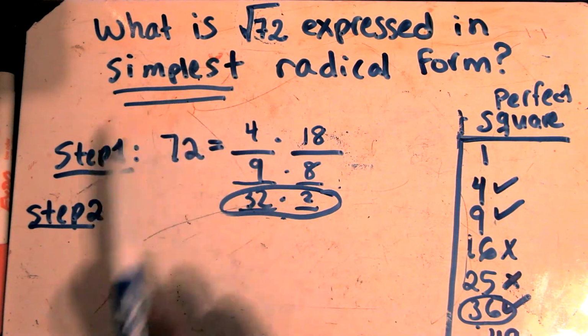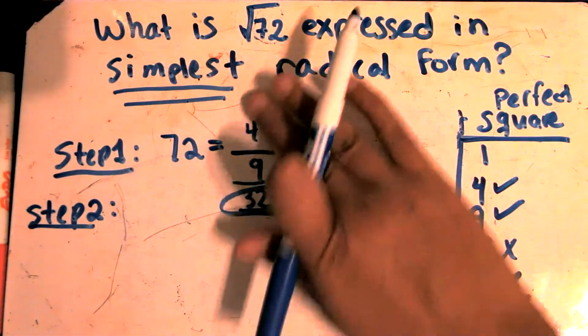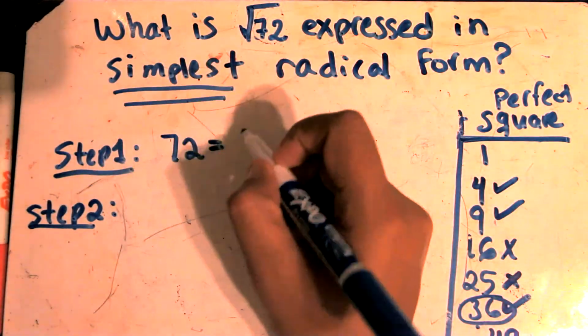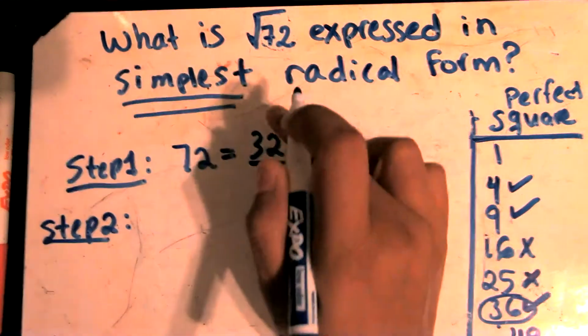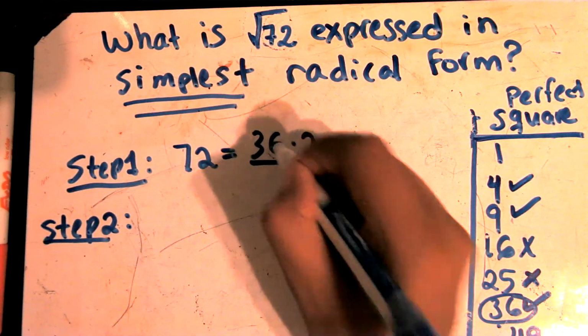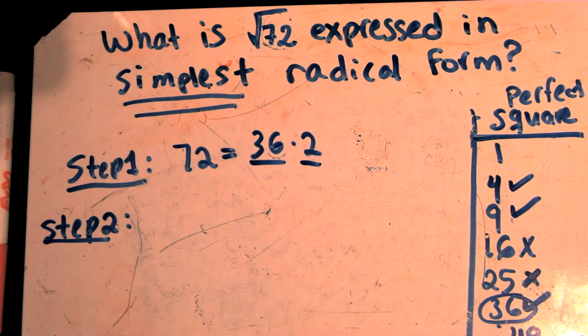So we're going to rewrite step 1. I should say 36, sorry. 36 times 2 gives me my 72. That's definitely larger than 9 and 4.